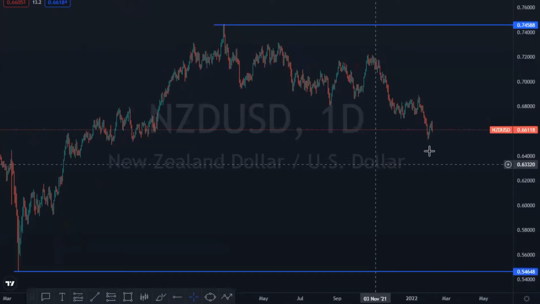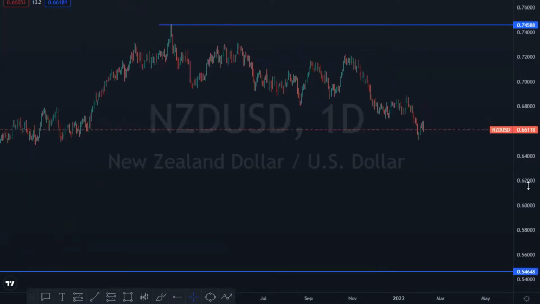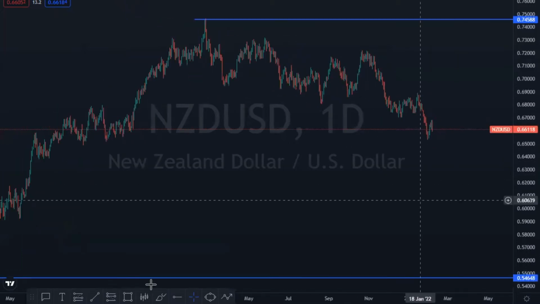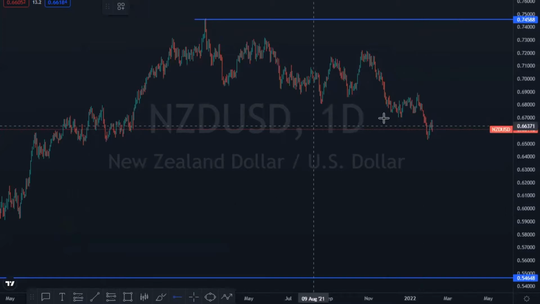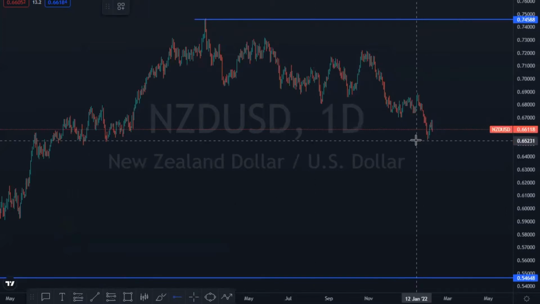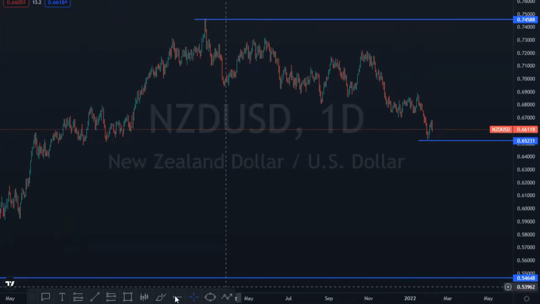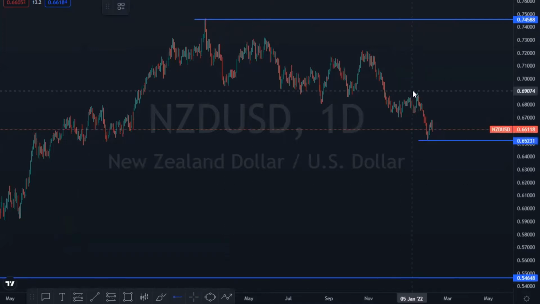So with that being said, let's also identify our levels. As you can see, the market rejected here, right? And also you could see that the market also rejected here.